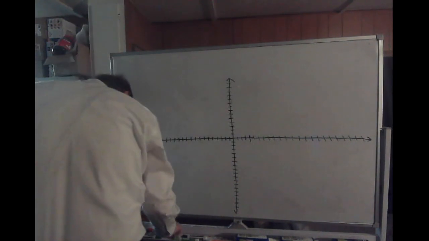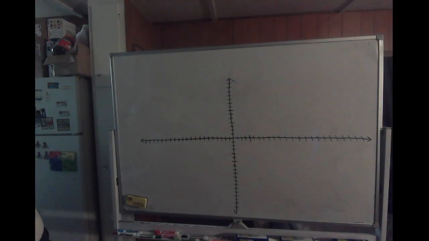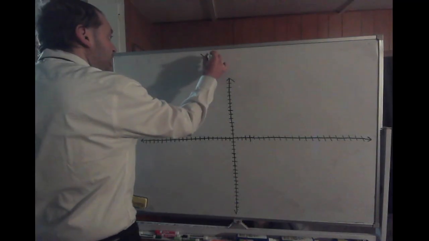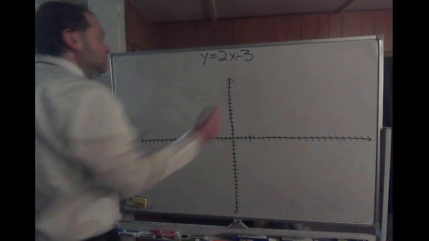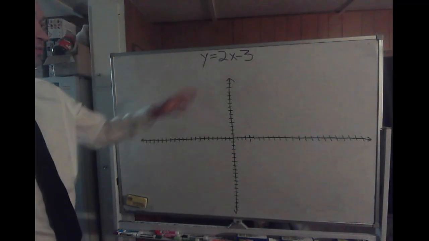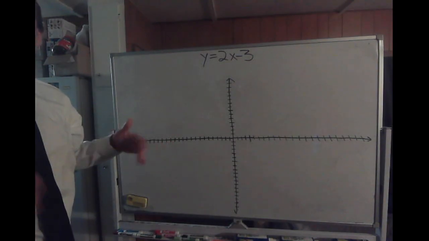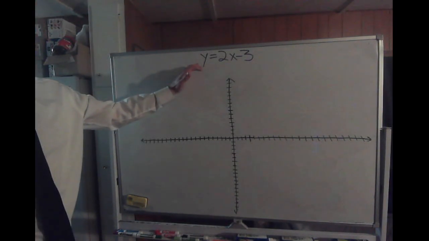So we have the equation y equals 2x minus 3. Oh, one thing I want to point out before we go further: if you have y equals mx plus b, remember from algebra we can substitute f of x in for y.